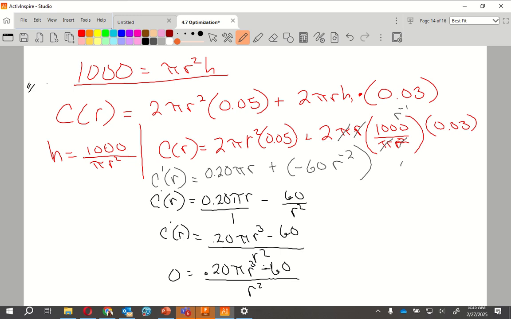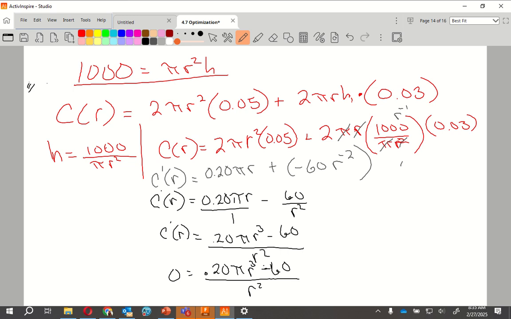Are we okay so far? Okay. Alright, so from here, I now have it equal to 0, so I can go ahead and factor it to find out where my minimum and maximum, my optimization, is going to end up.